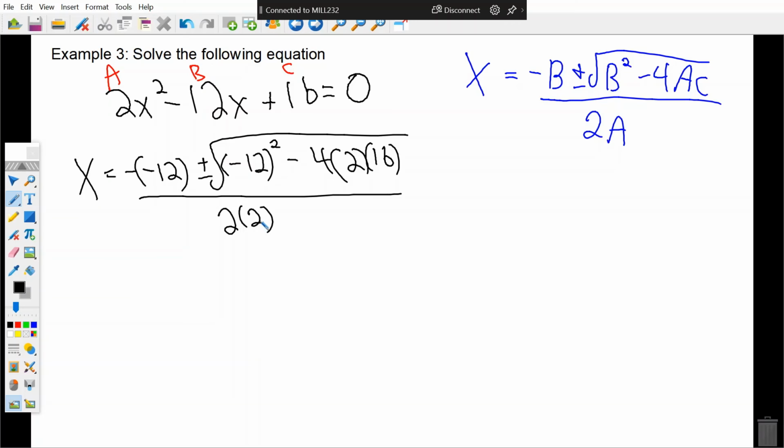So I'm going to try to speed up the simplifying here. This is going to be positive 12 on the outside, plus or minus 12 squared will be 144.